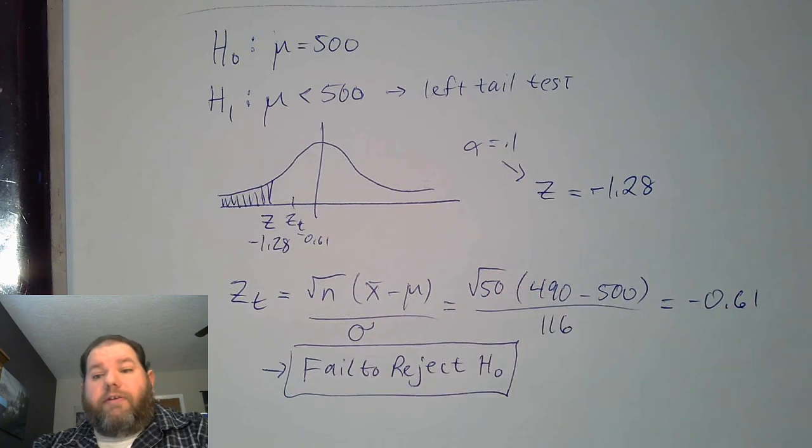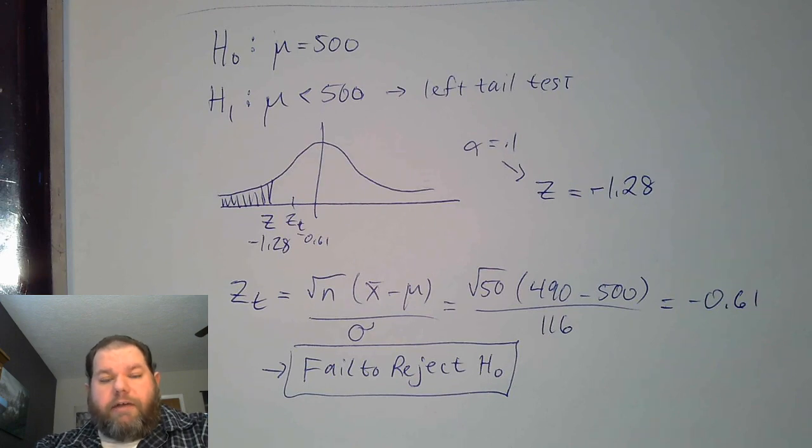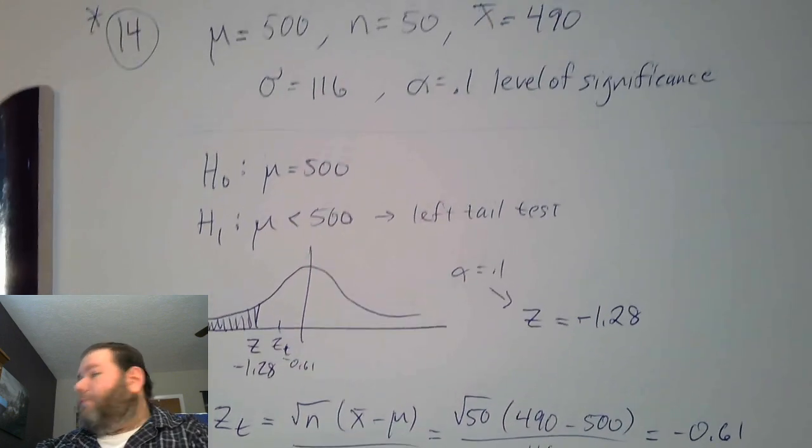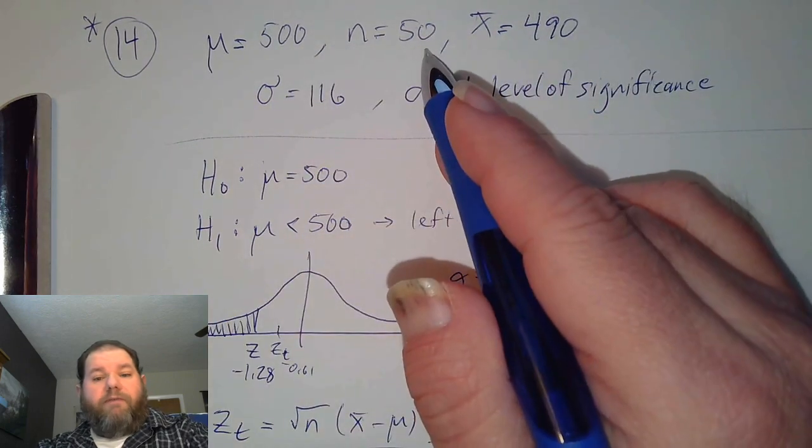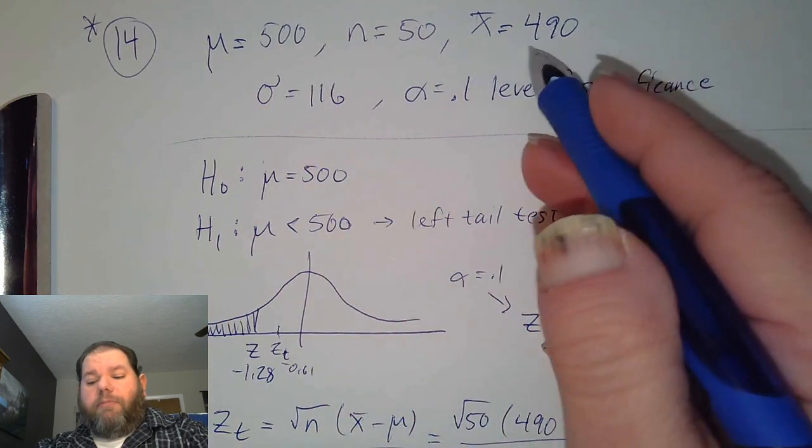What this really tells us is that with the amount of data that we have at the values that we got, it's well within reason that we could take a sample of 50 people from a population that has a mean of 500, and we could get a sample of 50 where the mean was 490.